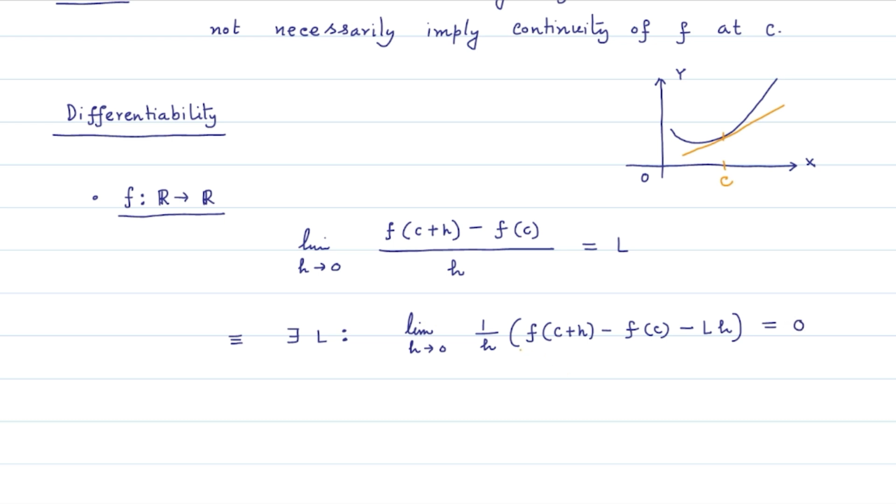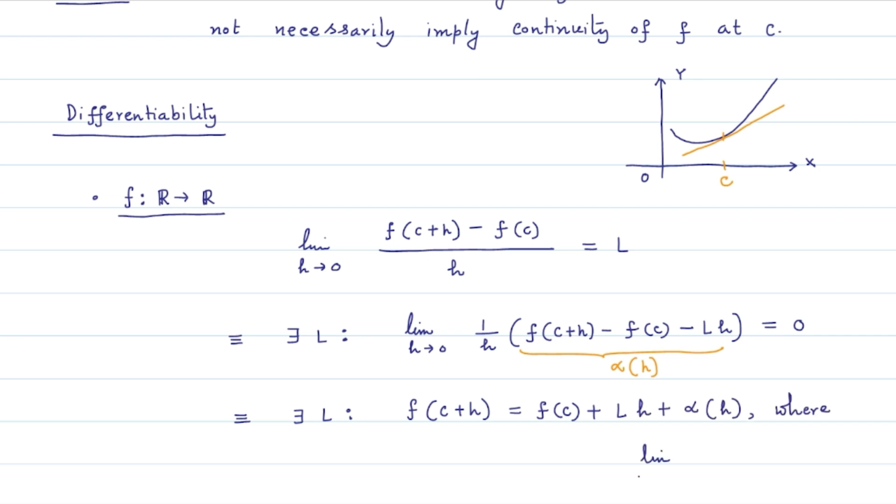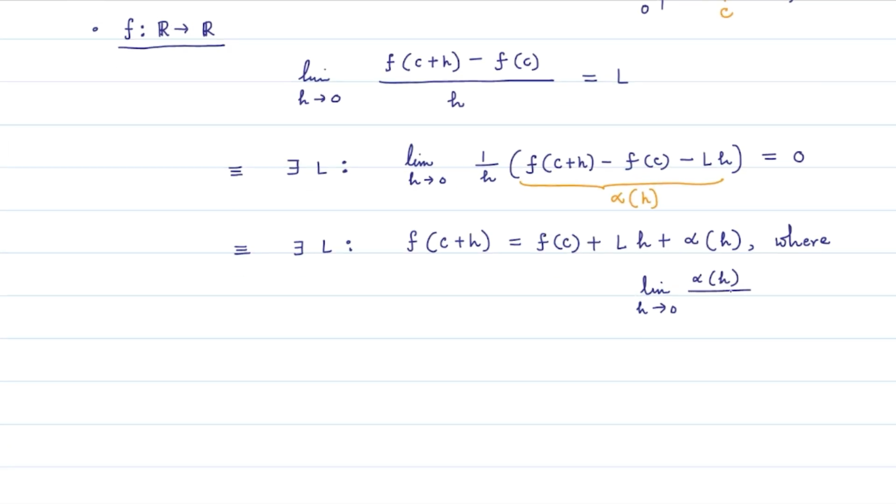Now denoting this entire expression in the first bracket by some function alpha, which is a function of h, we notice that the function f is differentiable at the point c if there exists a number capital L such that f(c+h) equals f(c) plus L times h plus alpha(h), where the limit as h tends to 0 of alpha(h) over h is equal to 0.